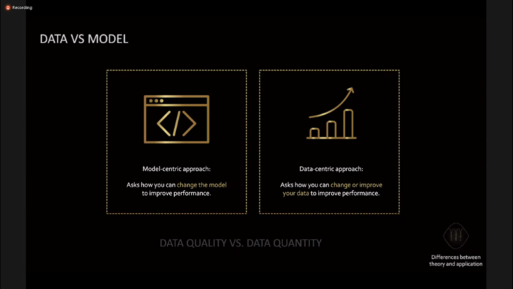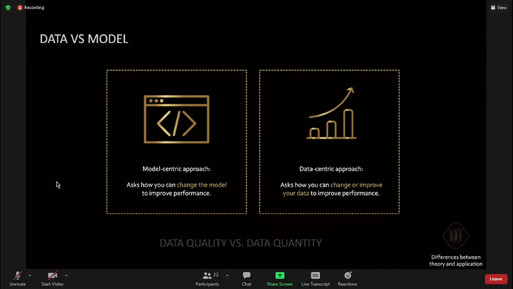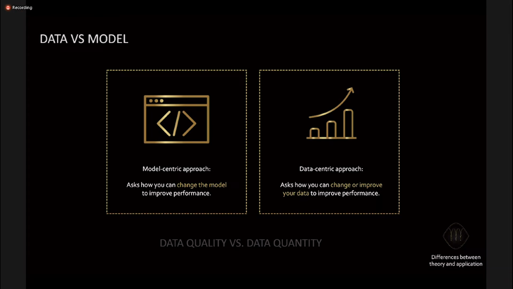Because when you are building models with a model-centric approach, you want a lot of data. Why? Simply because you tune your model to work for that data. That's changing.